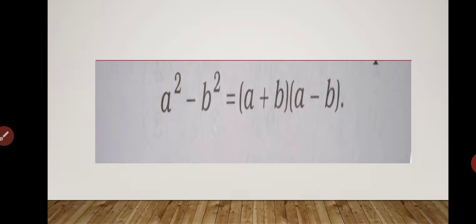If we subtract the squares of these two numbers, then we have the identity a square minus b square is equal to (a plus b)(a minus b). That means if we have a perfect square, then we can get the numbers, and have the addition of the numbers in the first bracket and the subtraction in the second bracket.